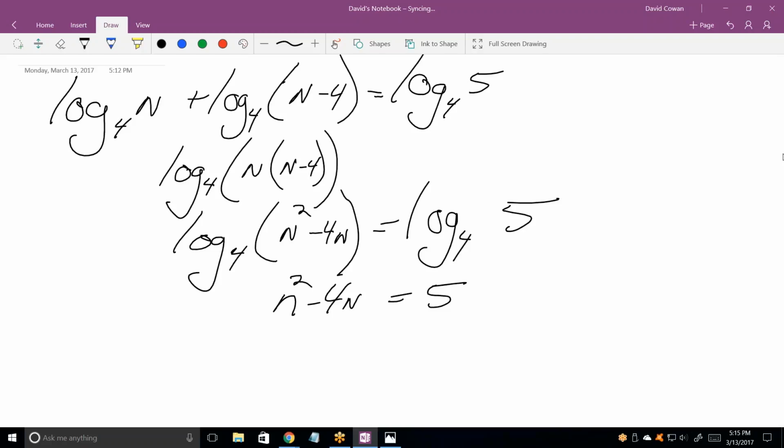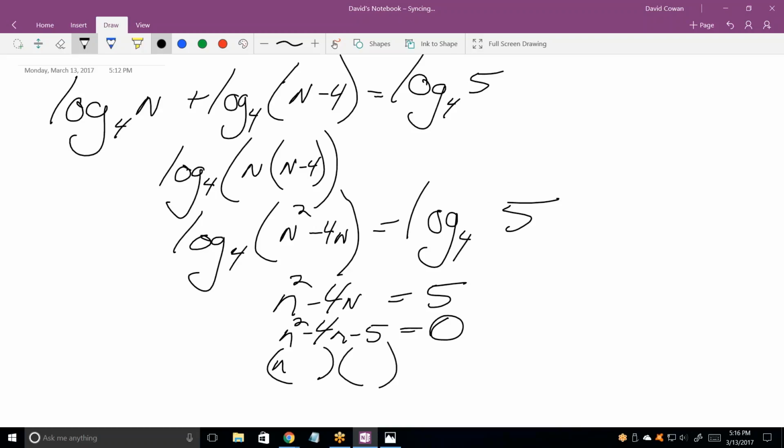What is it? N squared minus 4n equals 5. Oh, let's see. Well, first of all, let's put it in the form of a positive quadratic: n squared minus 4n minus 5 equals 0. And then let's factor it.